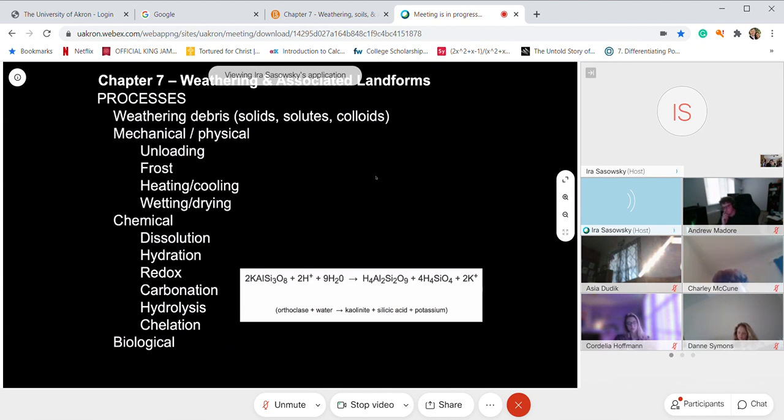In a dissolution reaction, which is probably the simplest type of reaction we think about in geosciences, we are taking material, exposing it to water, and it is going into its ionic state. So an example for this might be salt.